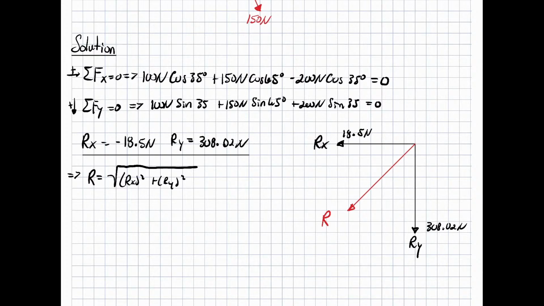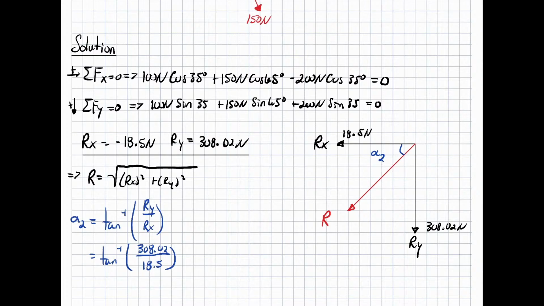The angle that it's going at, I'm going to label as alpha 2. To get alpha 2, we just take the inverse tangent of Ry over Rx, so inverse tangent of 308.02 over 18.5.